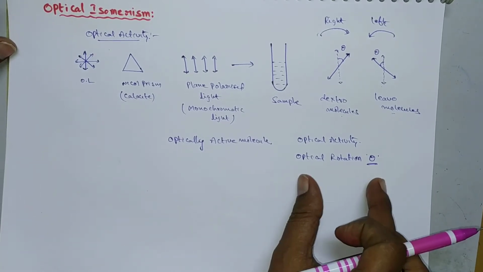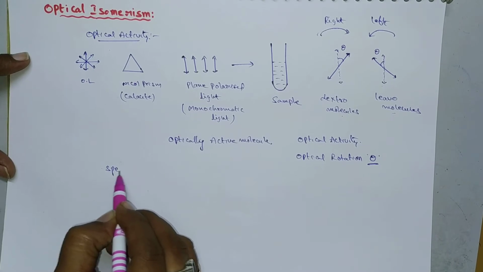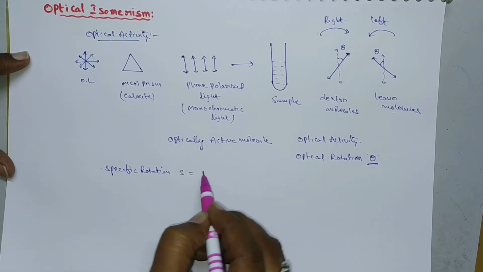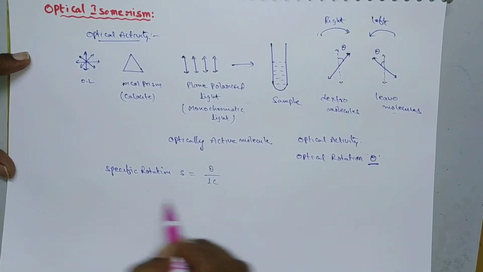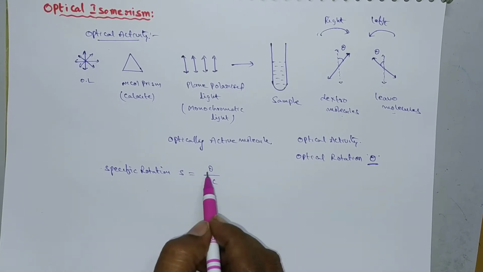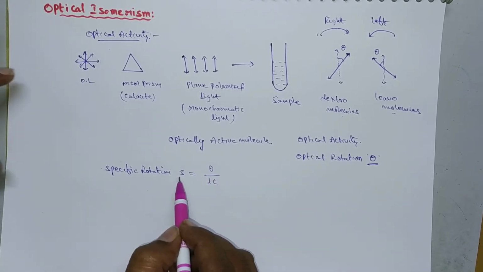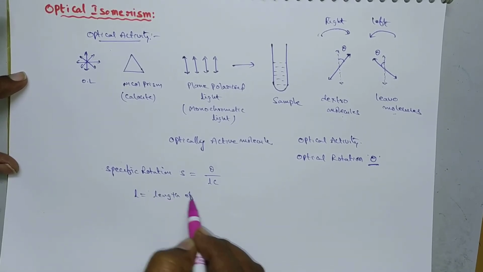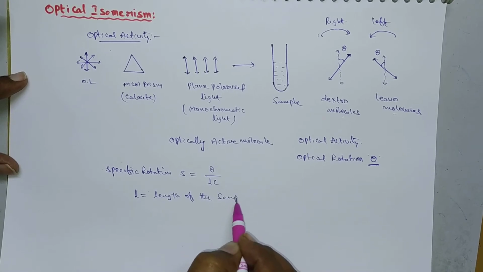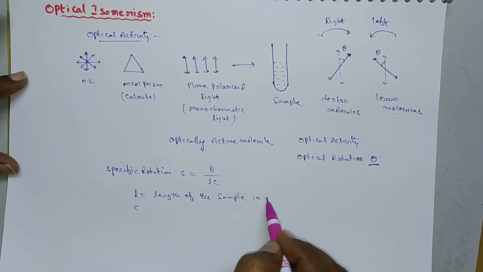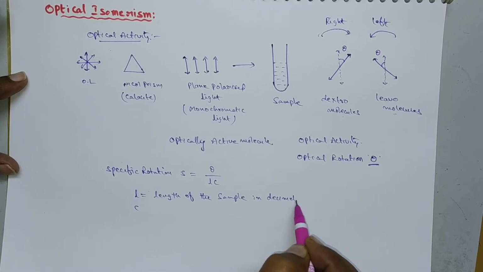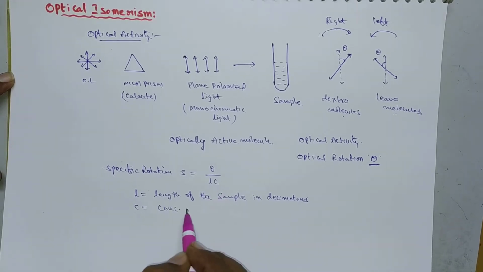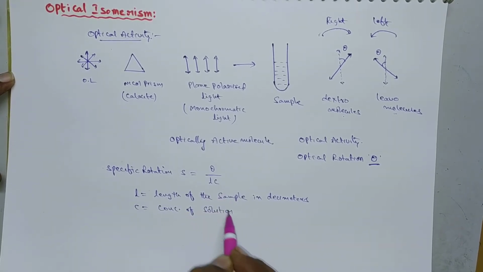From this optical rotation we can calculate the specific rotation. The specific rotation S is equal to theta divided by L times C, where L is the length of the sample in decimeters and C is the concentration of the solution.